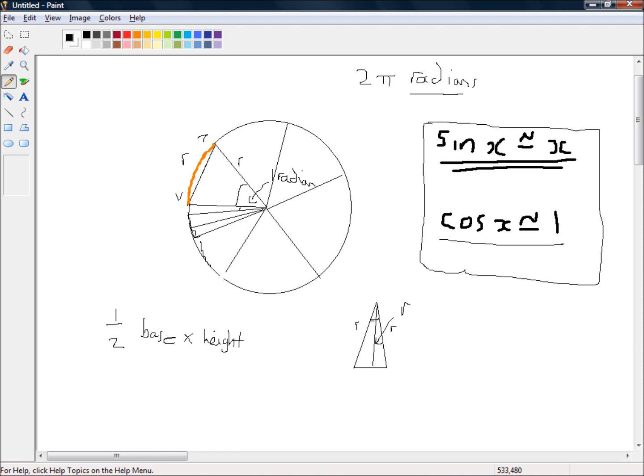And because this angle is really small, we can actually say that the base, because these angles, if this is like 0.0001 or something, the internal angles have to add up to 180 degrees, so 0.00001 radians is going to be a negligibly small amount of degrees.